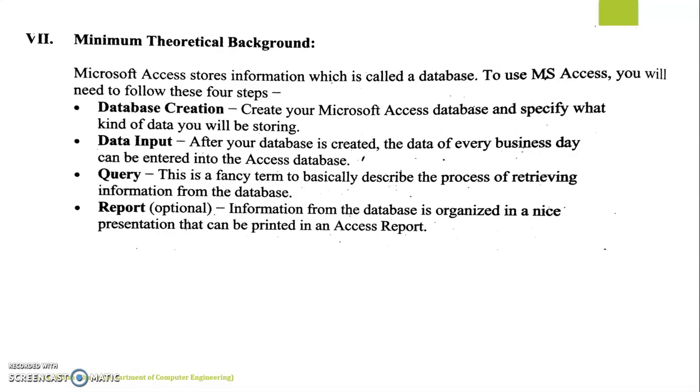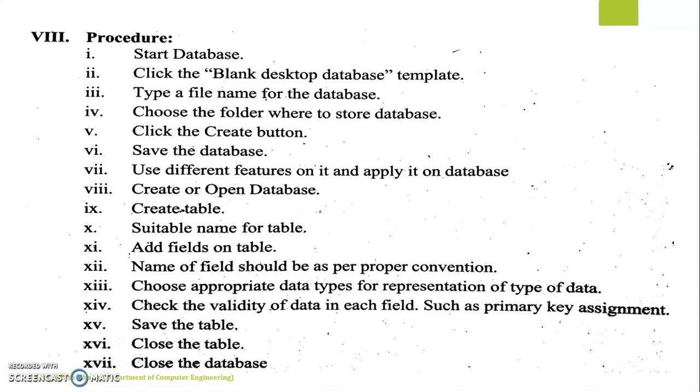The minimum theoretical background required for this practical is database creation, data input, query and report. Now the procedure that we are going to perform is to start a database with a blank template, give it some name, store it in some folder, then save the database.